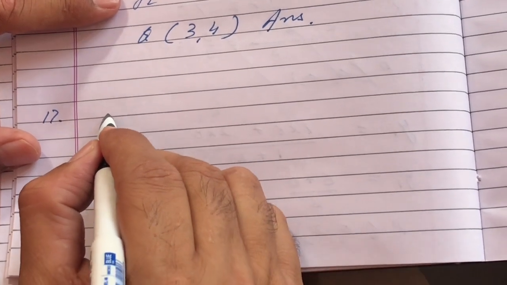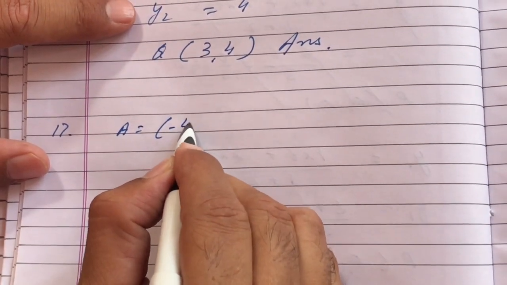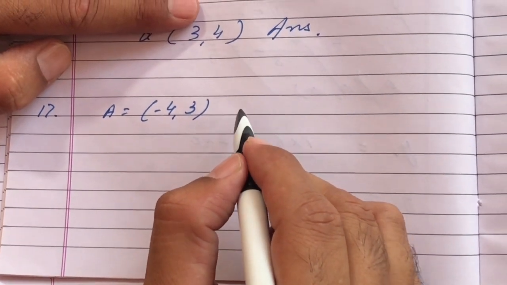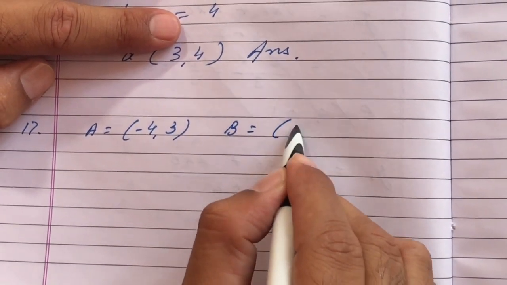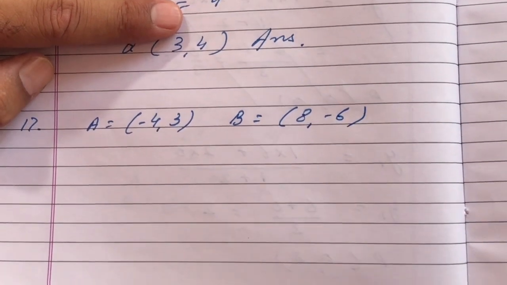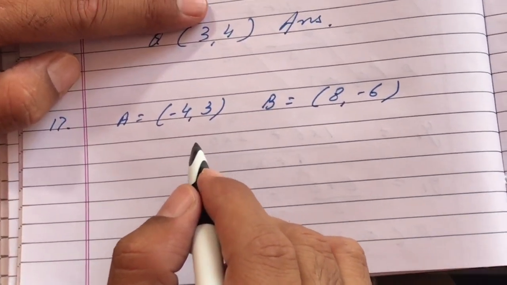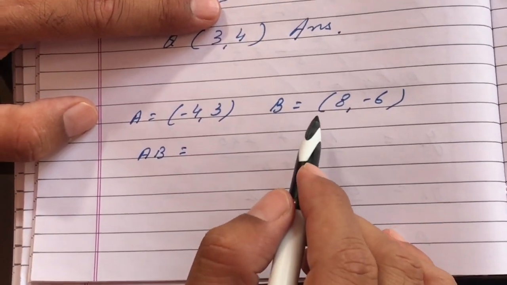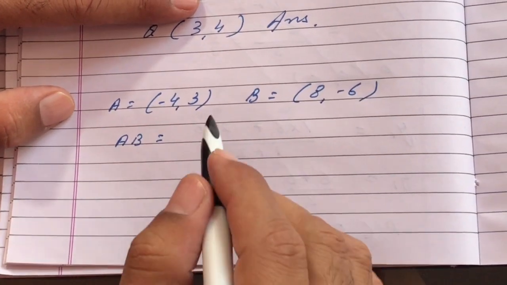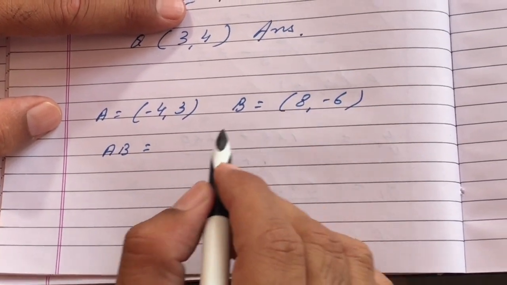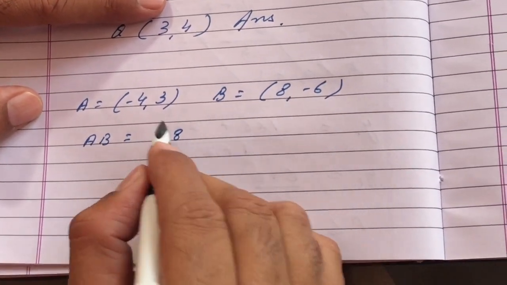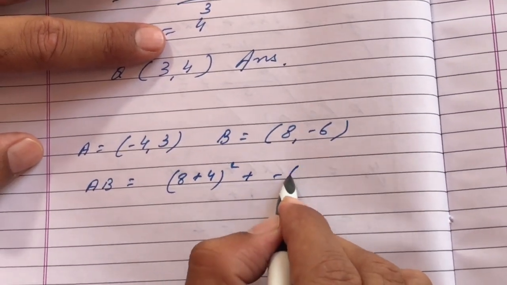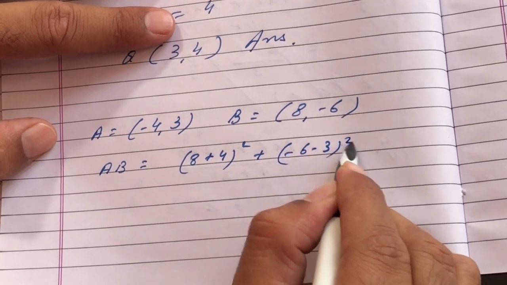If A is (-4, 3), B is (8, -6), then we have to find the length of AB. For AB, I apply the distance formula that we have done in 9th class. Length AB is the square root of (x2 minus x1) square plus (y2 minus y1) square.